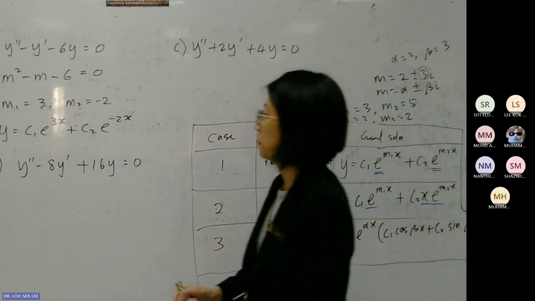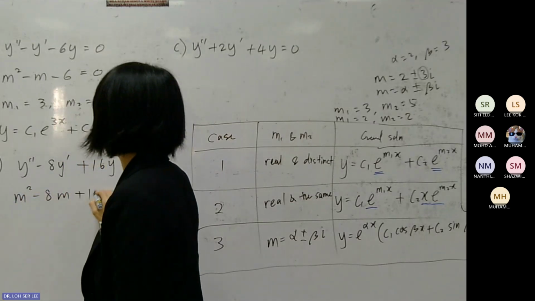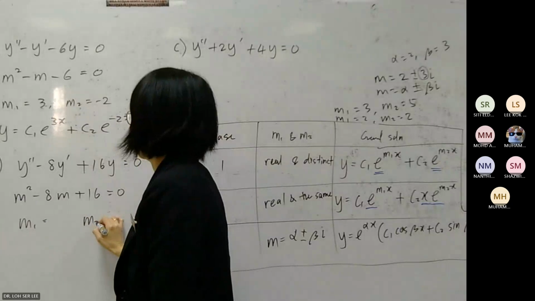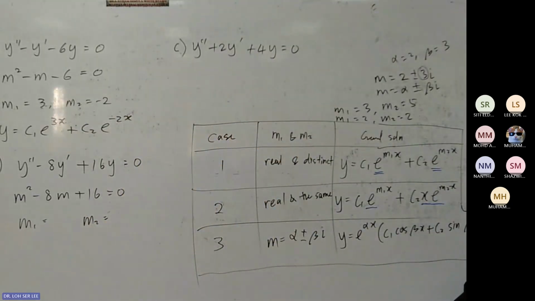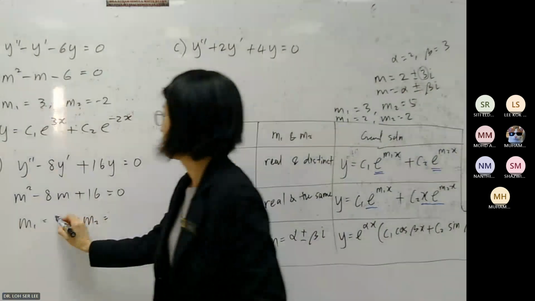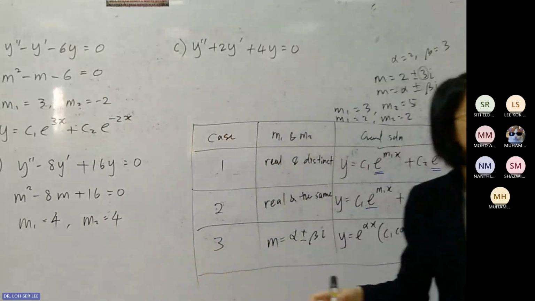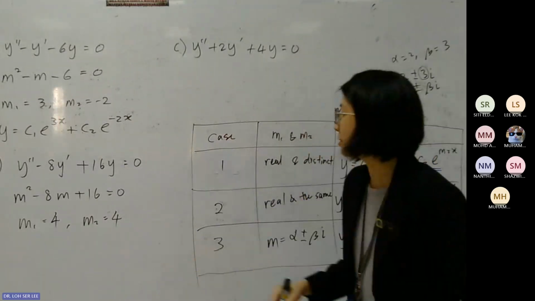Okay, B: m squared minus 8m plus 16 equals 0. Have you got your m1 and m2? Both are 4, the same, right? So this is case 2.